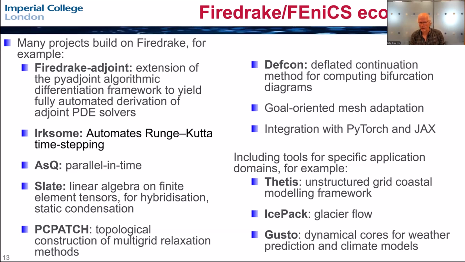I'll show you that in a second. IcePack, basically somebody at a polar research center found Firedrake and started playing with it to model the way glaciers flow. And he got sucked into our developer community, which was fantastic. Gusto has been used to prototype the numerical methods for the next generation of the UK Met Office weather model. Those are application-focused extensions or part of the ecosystem.